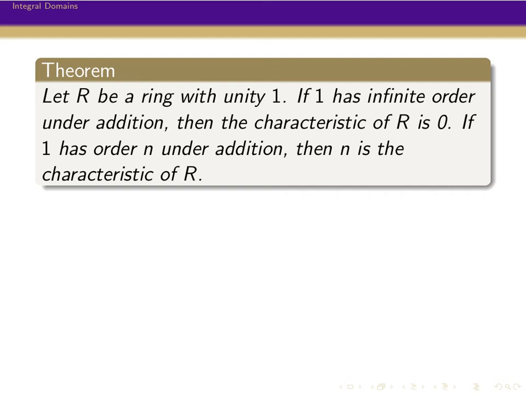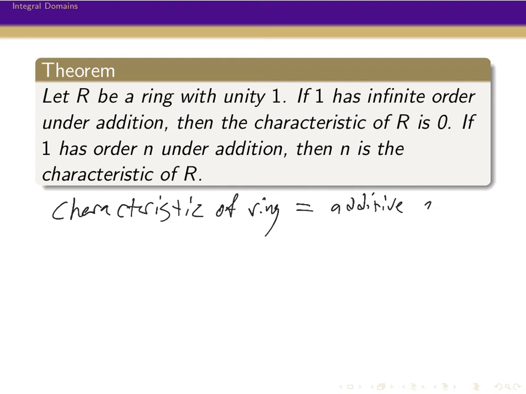On the other hand, if 1 has order n under addition, then n is the characteristic of R. And so really what this is saying is that the characteristic of a ring equals the additive order of 1 if the additive order of 1 is finite.